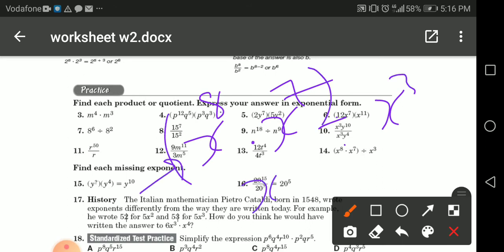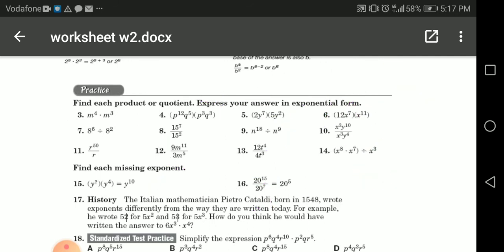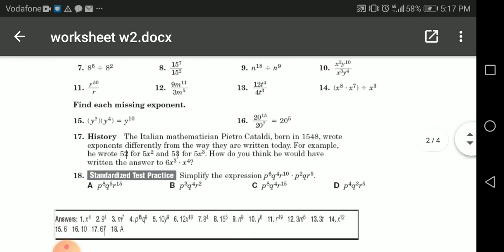It would be x to the 8 plus 7, which is 15. Then I divide, so I take the 15 that I got from 8 plus 7 minus 3, so it will be 12. The answer will be x to the 12th power.